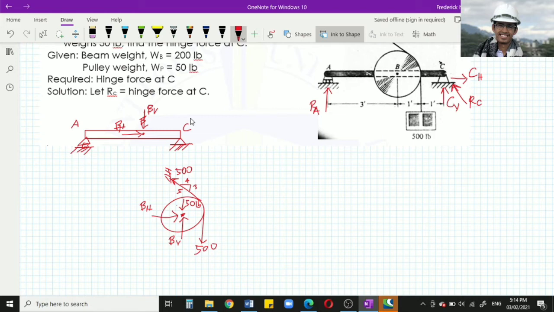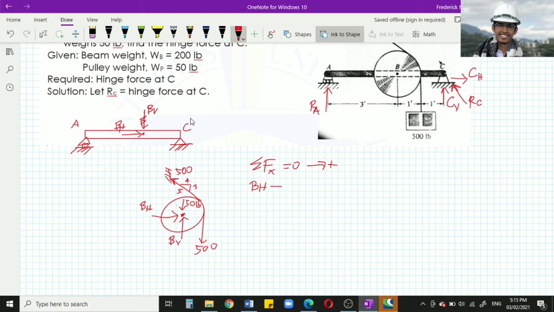Okay? So pwede na nating ma-solve yung ating BV and BH using yung summation forces horizontal and summation forces vertical. So summation forces horizontal or X is equal to 0. Going to the right is positive. So that will be BH. Positive siya kasi going to the right. So assume lang natin na going to the right siya. And ano yung mga horizontal force natin will be yung 500. So that will be going to the left.